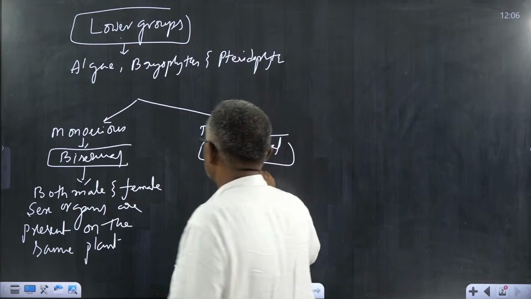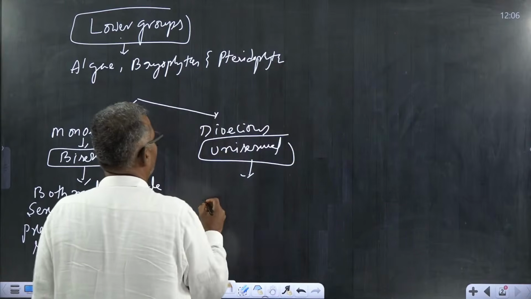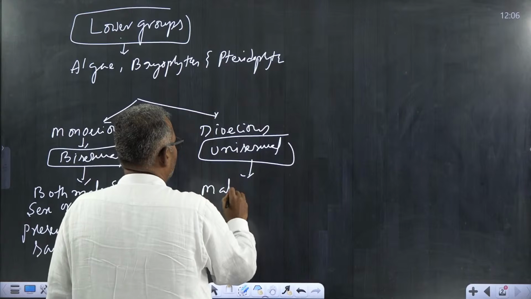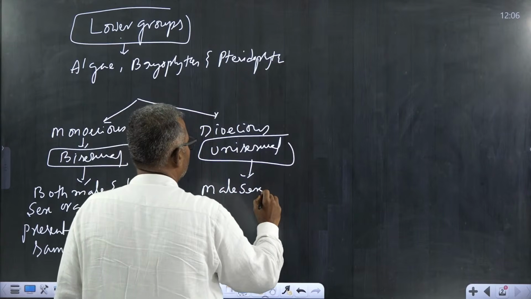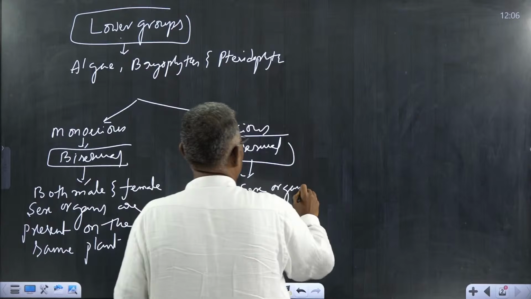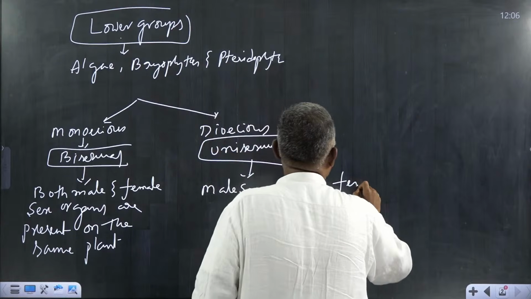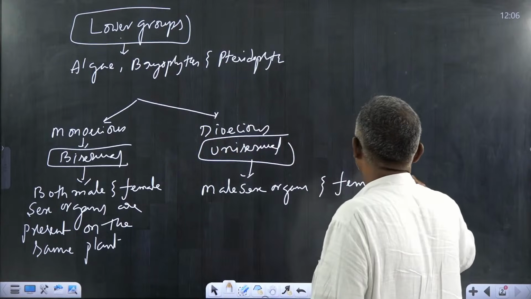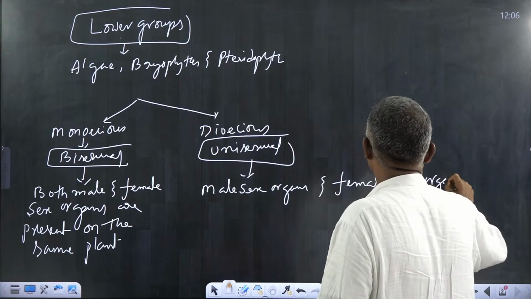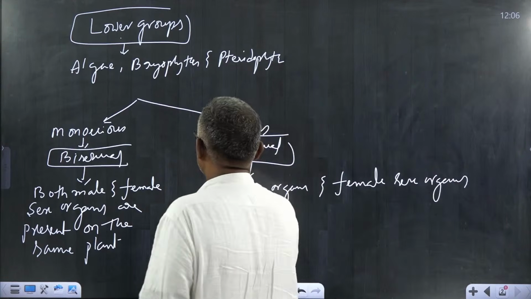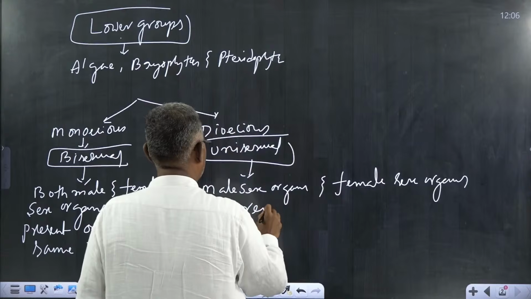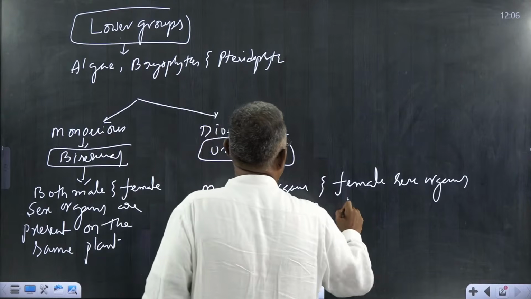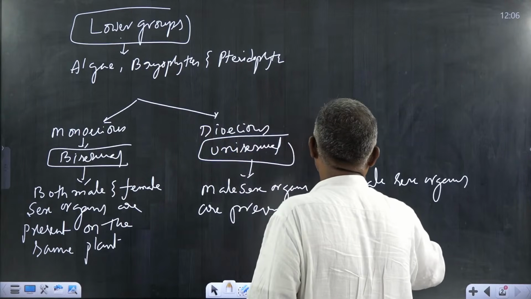Whereas dioecious in the sense, here male sex organs and female sex organs are present on different plants.